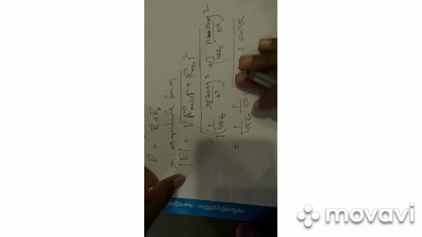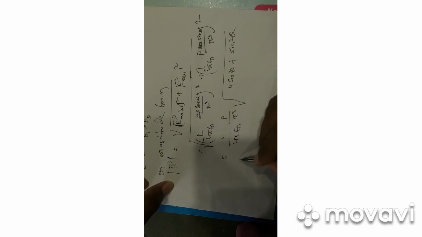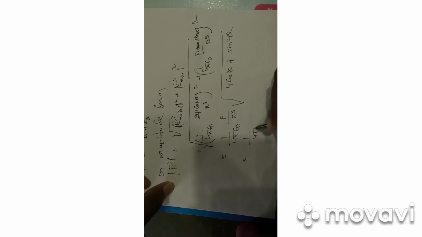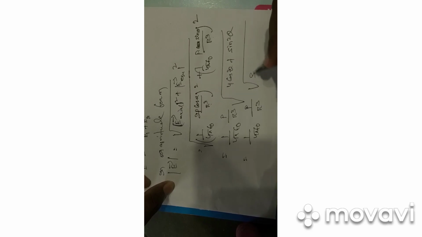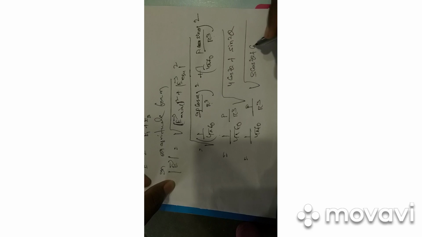So here, if you take common 1 by 4 pi epsilon 0, p and r cube are also common, so p by r cube is common, so square root of 4 cos square theta plus sin square theta. Okay, now it can be represented as 1 by 4 pi epsilon 0 p by r cube, here 3 cos square theta plus cos square theta.